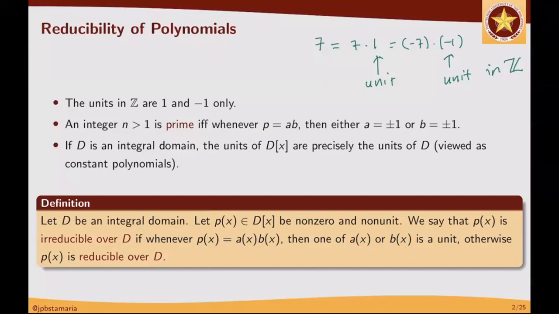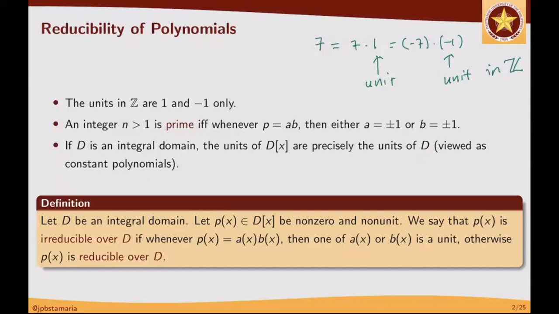Ano ba yung unit sa D[x]? Ang unit sa D[x] ay yung mga units lang din sa D. Sabihin mga constants lang to na may multiplicative inverse.